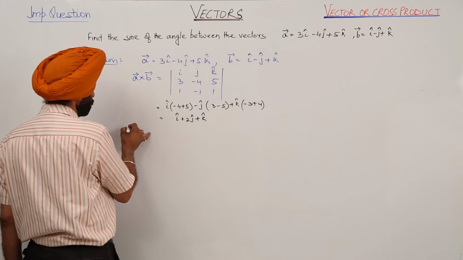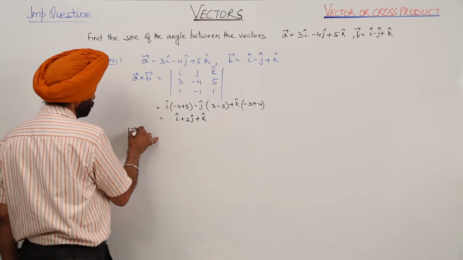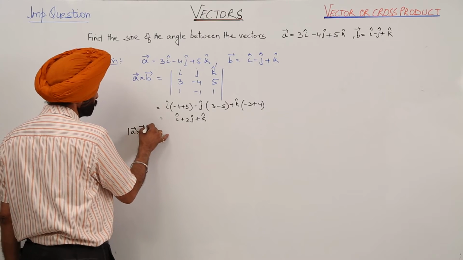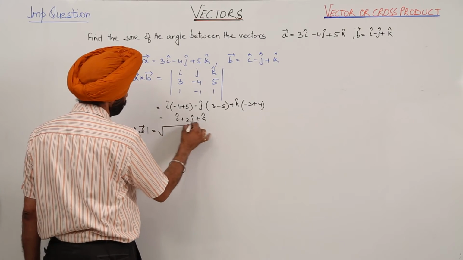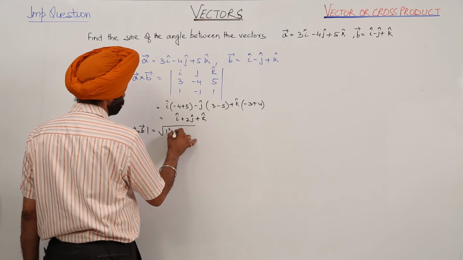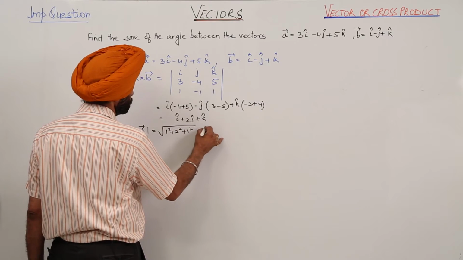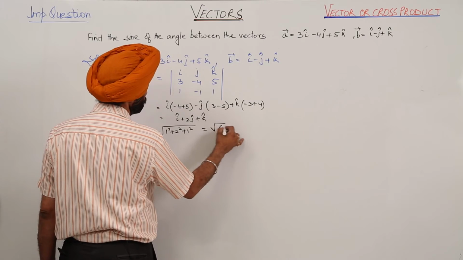Now, modulus for the cross product of A and B: 1 square plus 2 square plus 1 square, this is equal to square root of 6.